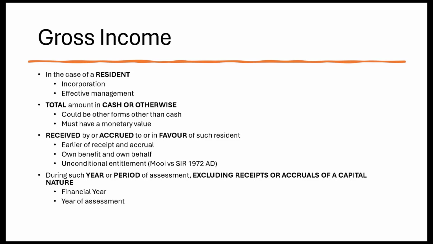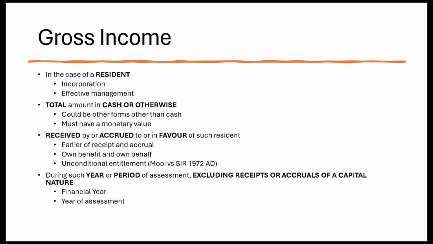So, for example, I am here and I am giving of my time to UNISA. UNISA could be paying me by saying, well, you can do a course for free. We don't pay you cash, but you can do a course for free at UNISA. The value of that course would become gross income for me because I've provided a service and I've received payment, but that payment is not in the form of cash.